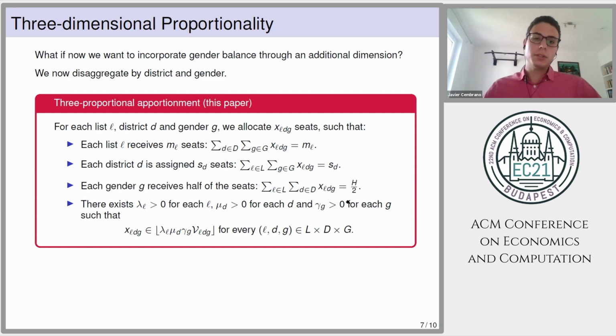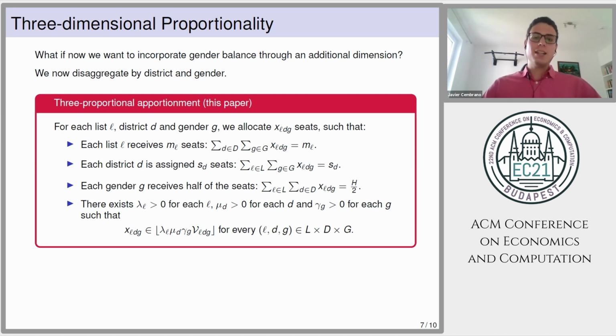The proportionality notion is extended naturally by adding multipliers gamma G, strictly positive for each gender G. So now we want the seats assigned to the candidates of list L and gender G in district D to correspond to a downwards rounding of the product of the multipliers corresponding to the list, the district, and the gender, times the votes obtained by these candidates. So this is the natural extension of the notion of proportionality that Balinski and Demange introduced for 2 dimensions.